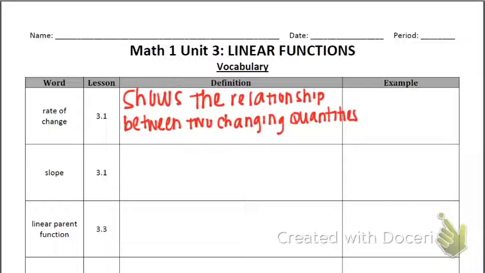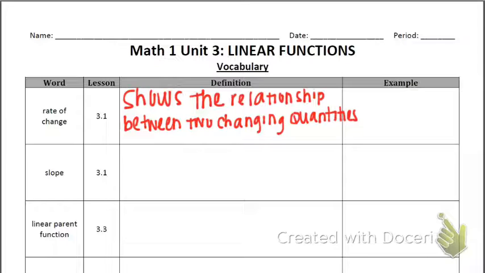So your input is changing and your output is changing. Okay. What would be two changing quantities that we talk about? And we've used these before.